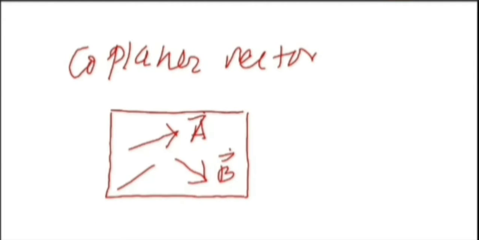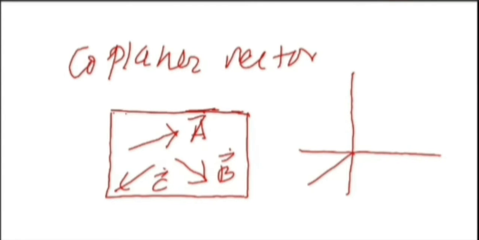Now discuss coplanar vectors. Coplanar means what? Co means same, plane means plane. Vectors having the same plane are known as coplanar vectors. Here vector A, vector C and vector B are coplanar because these are lying in the same plane.